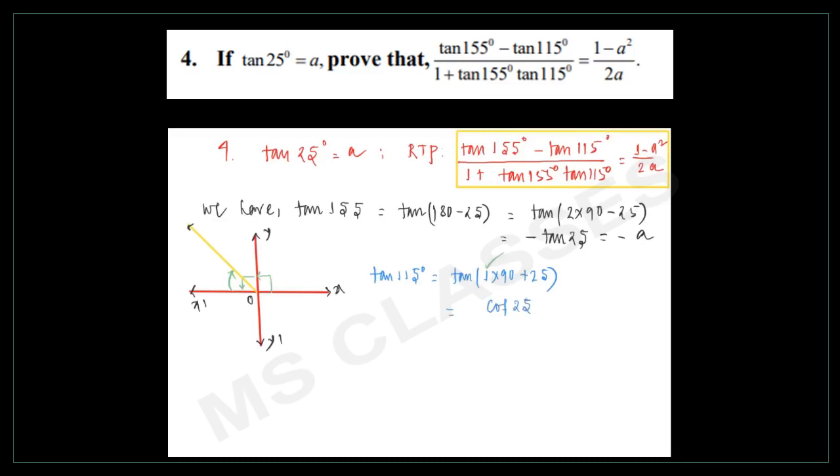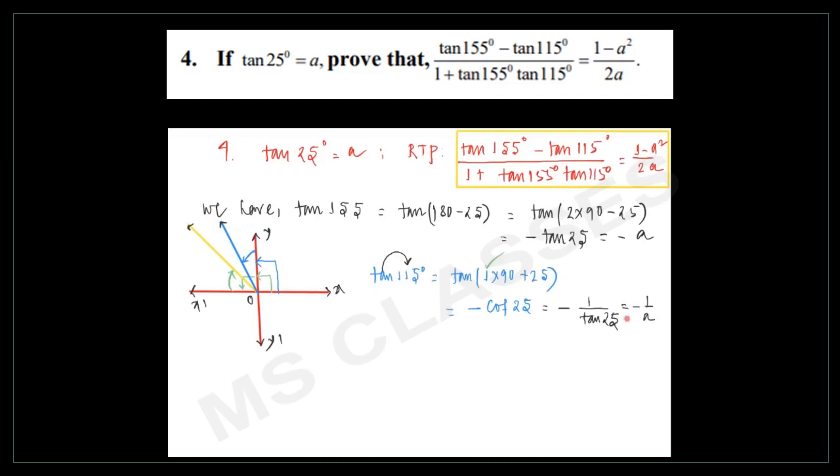But here also the angle is in the second quadrant, where tan is negative. Since we applied tan, it is negative, so you get minus cot 25, that is minus 1 by tan 25. So minus 1 by a.